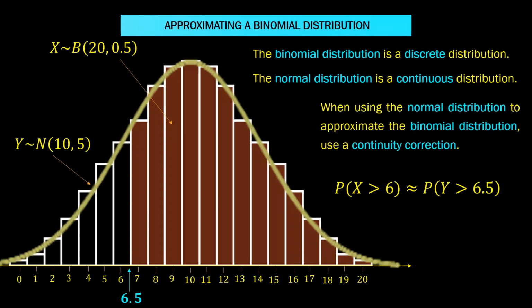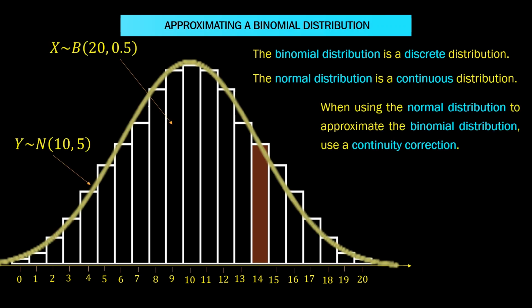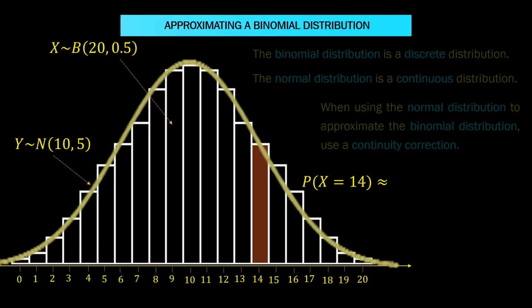And similarly, if we want to find the probability that x equals 14, this is going to be approximately equal to the probability that y is greater than 13.5 and less than 14.5.